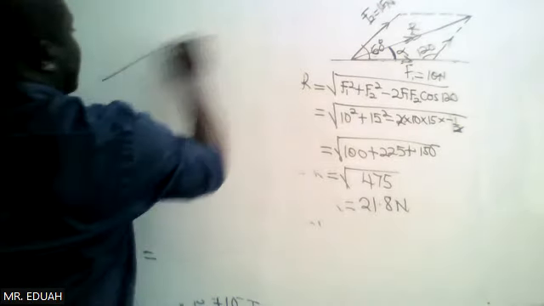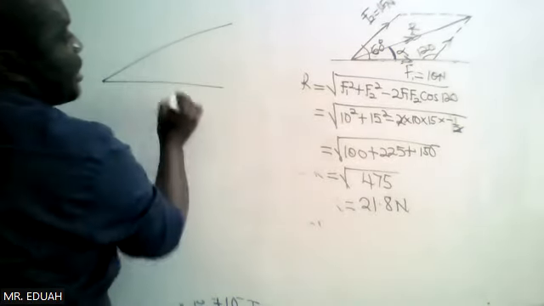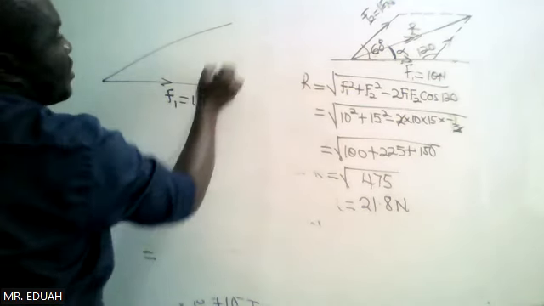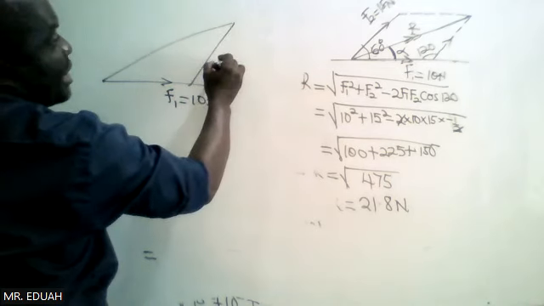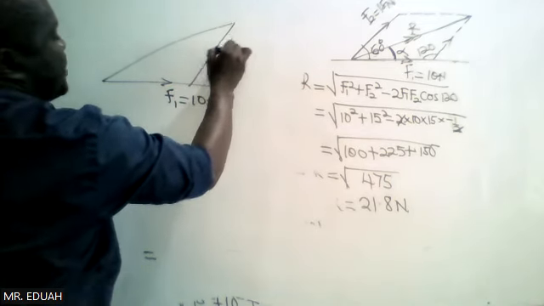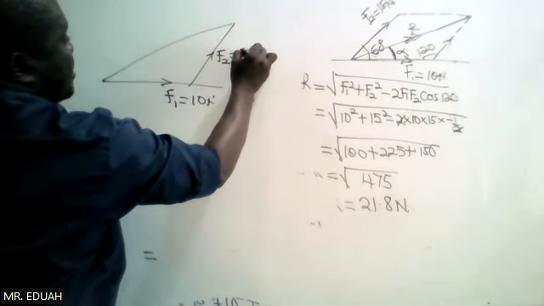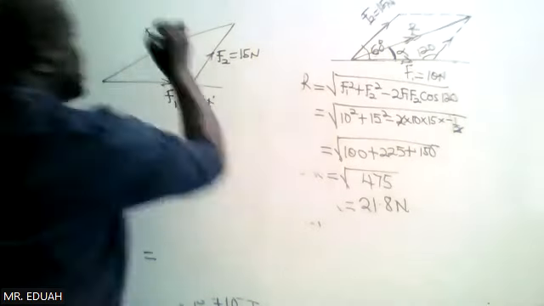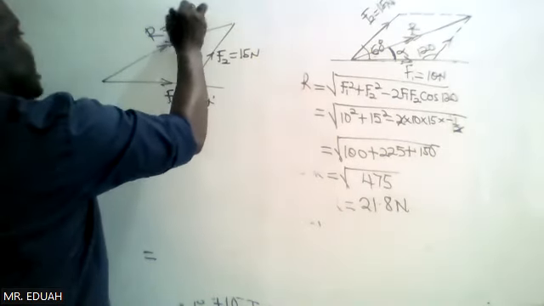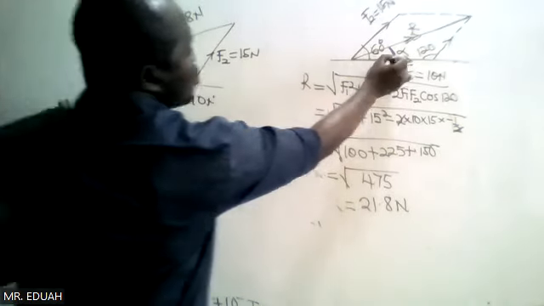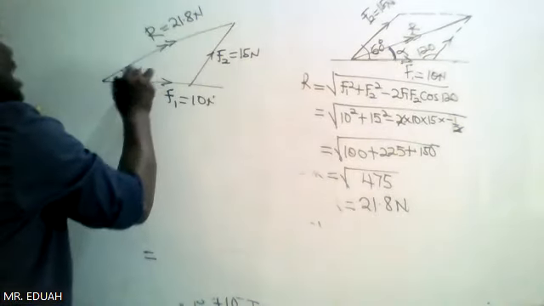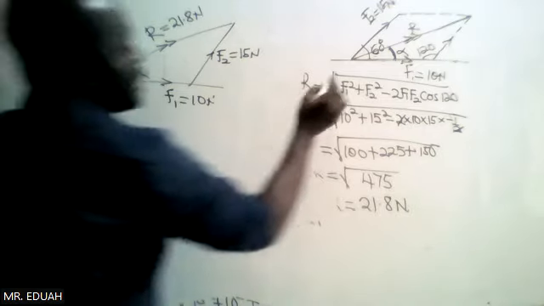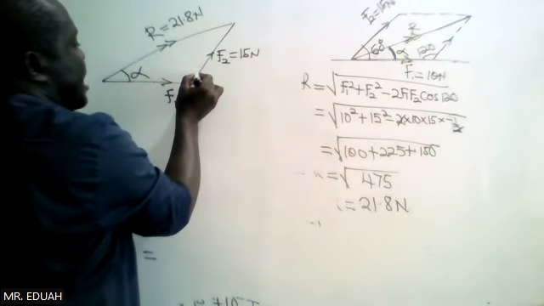So let's draw it. F1 is here, 10. F2 is here, 15. Then the resultant R, we found it, 21.8 Newton. And we are looking for this small angle, which is this alpha. Don't forget, this angle is still 120.